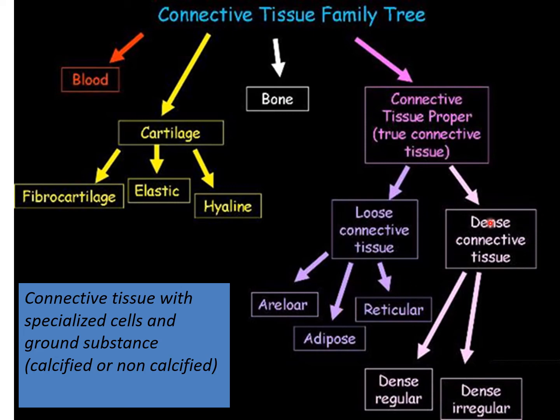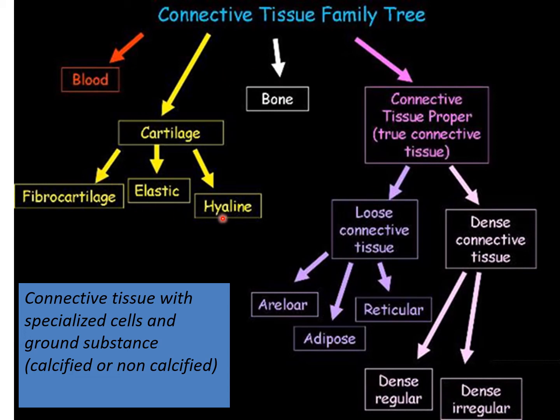It is defined as dense connective tissue when the number of fibers is more as compared to cells. This was dense regular connective tissue like the tendons and dense irregular connective tissue. Now this you've already covered in your lecture as well as practical.